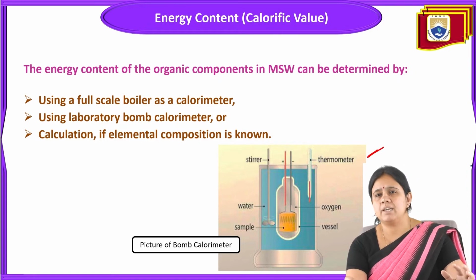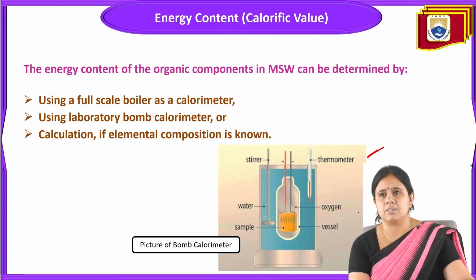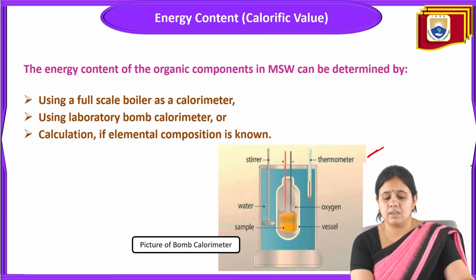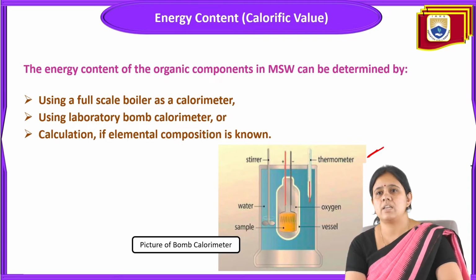If the elemental composition is known, like the CHNOS ratio we know, then we can calculate it manually. But to know the organic component of the MSW, we will use the calorimeter. This is a picture of a bomb calorimeter, where a thermometer is there, a stirrer is there, water in the stirrer, we will put the waste, and oxygen and vessels are there.